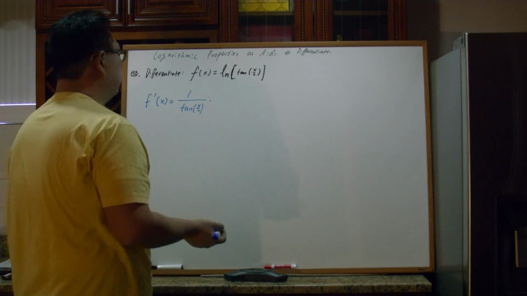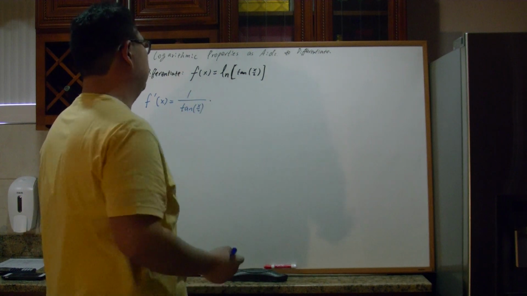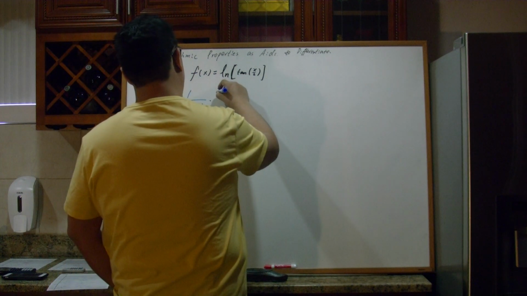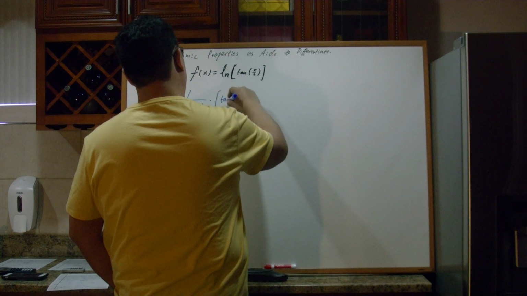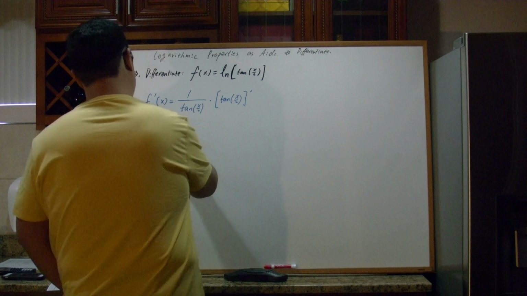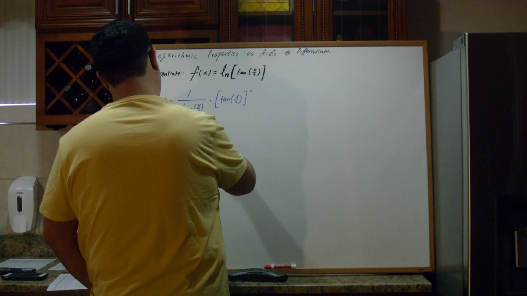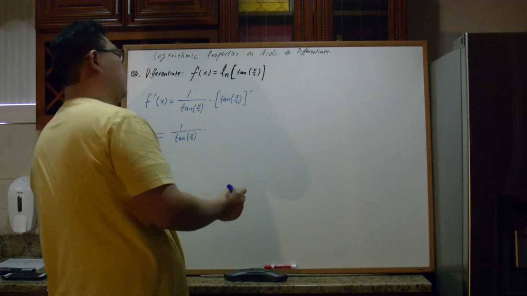If we show the steps, we need to take the derivative of tangent, and the derivative of tangent is secant squared.